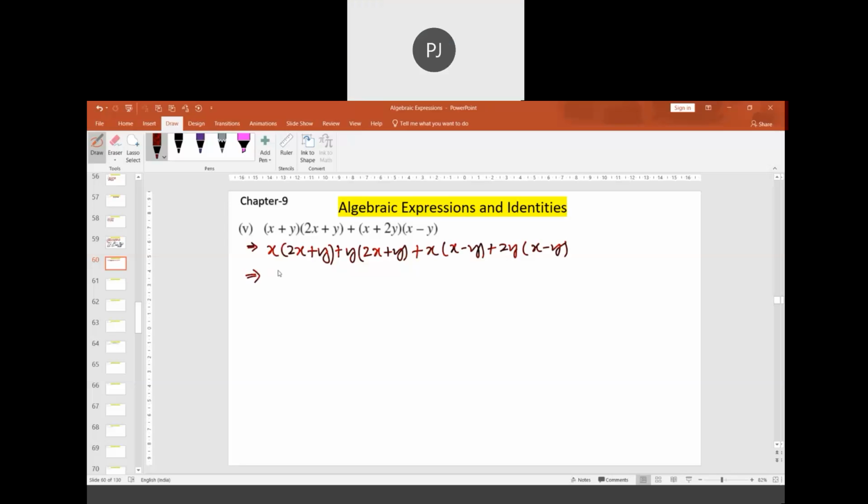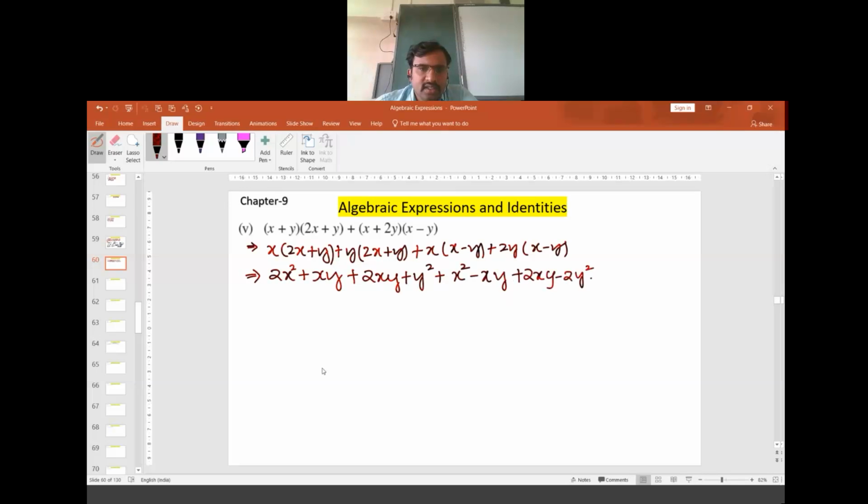When x is multiplied to 2x, we get 2x square, plus xy, plus 2xy, plus y square, plus x square minus xy minus 2xy, plus 2y minus 2y square. So multiplication is done.